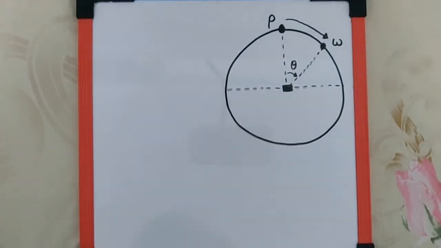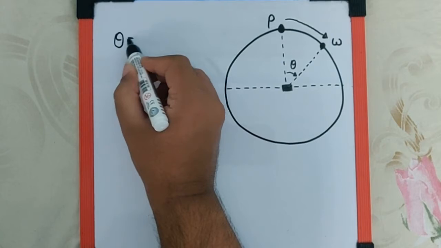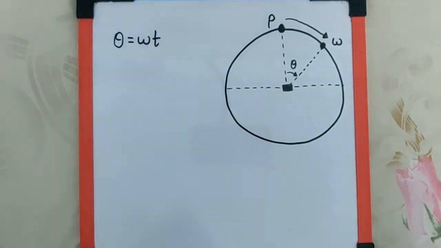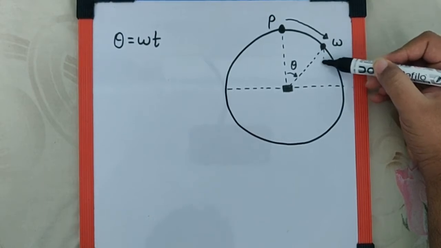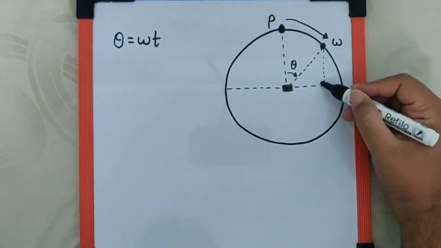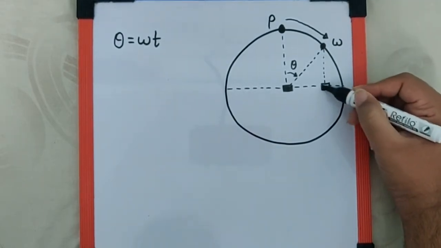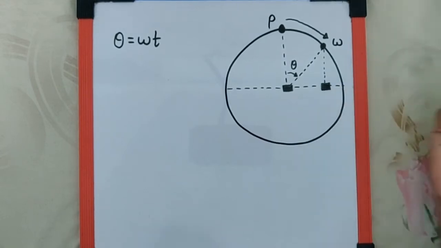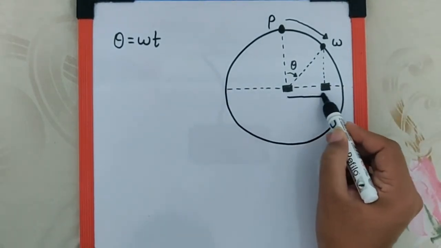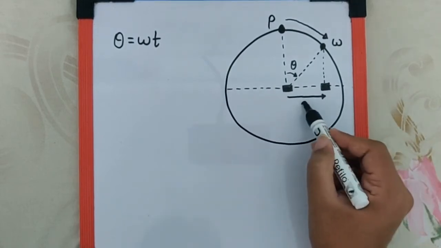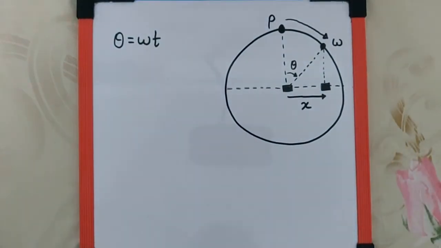So we can say theta is nothing but omega t, correct? And if we project this new position of the particle on the diameter, then the shadow over here has displaced from its original position to this new position by say a distance x.